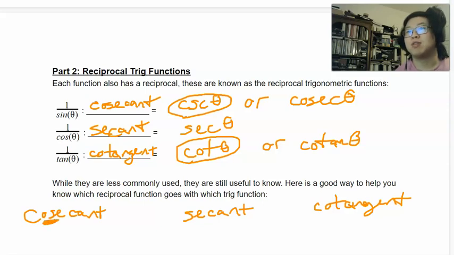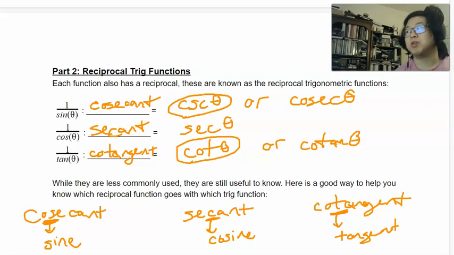Here's my S, here's my C, and here's my T. This will correspond to the first letter in their corresponding reciprocal. So this is cosine here, and this one is tangent. So this is the relationship.